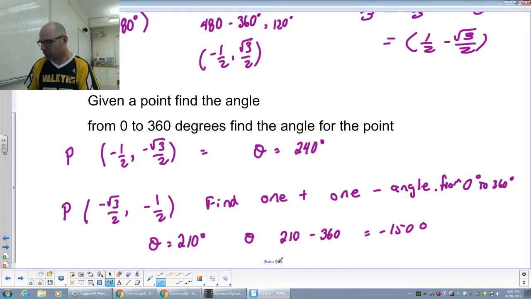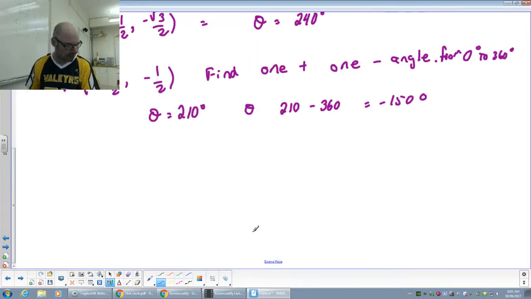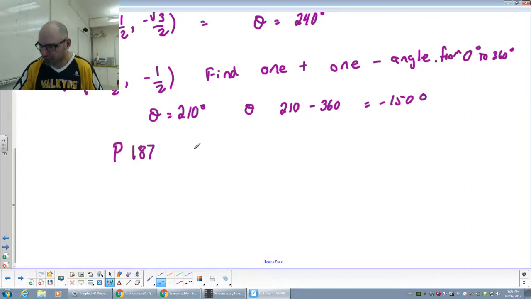I'll leave you a few practice questions. Okay, it's the same page that we were looking at last day, on page 187 this time. Okay, and you can try just looking at number 4. Doesn't have to do all of it, but do some of number 4.